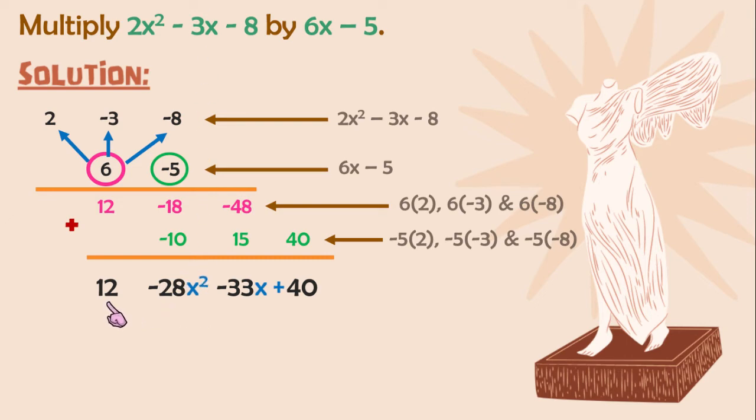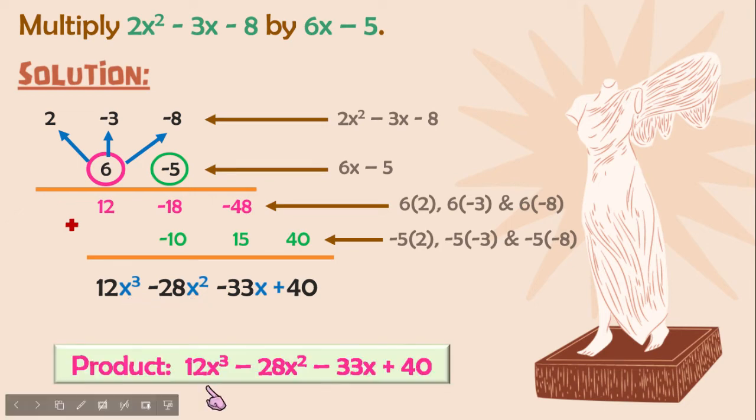Therefore, 12 here is the coefficient of the x cubed term. So, constant is 40. Then you have the x term, the x squared term, and the x cubed term. Therefore, the product is 12x cubed minus 28x squared minus 33x plus 40.